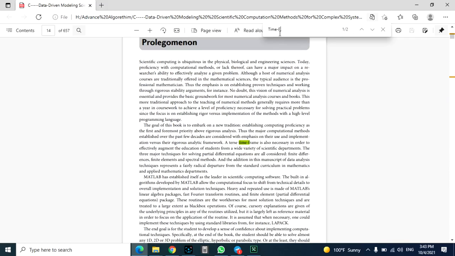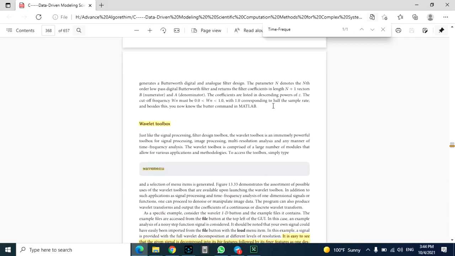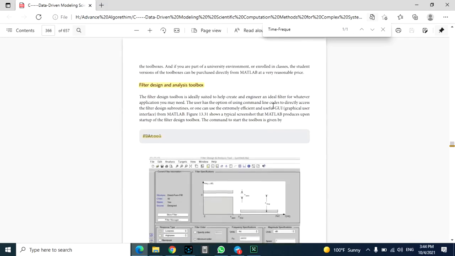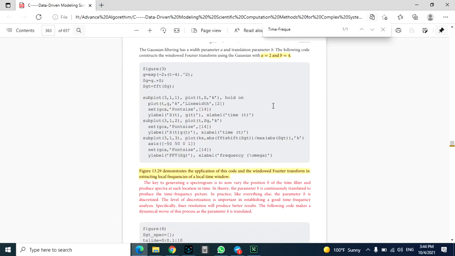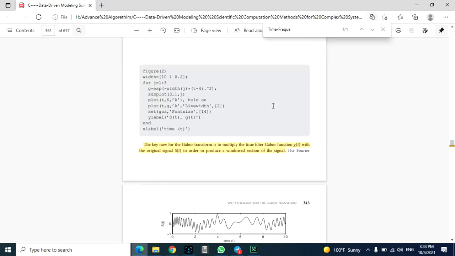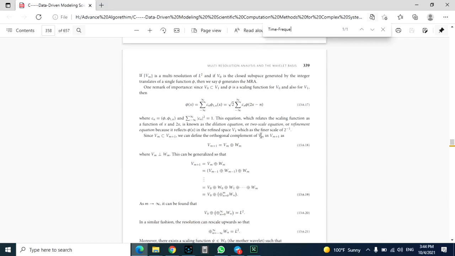We have many signal shapes. We have noise for each signal in the time domain, and if we use the Fourier transform, you see in the Fourier transform the location of the noise is missed.